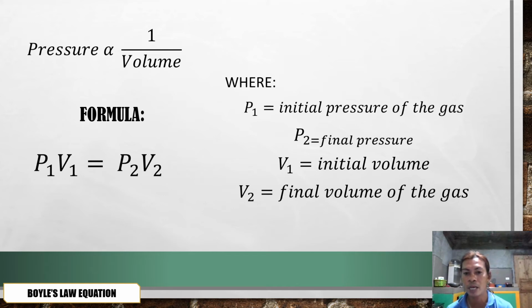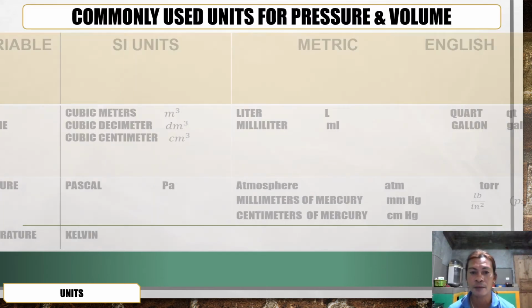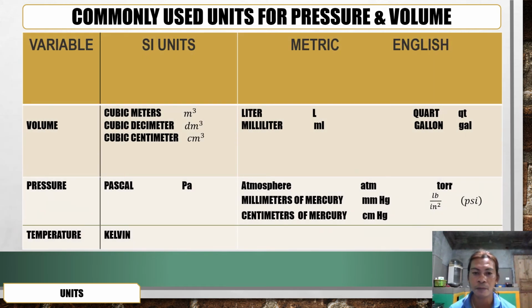So those are where we can identify the variables in the formula for Boyle's law. Okay, let's have the units used for pressure and volume. Those are the units that some problems use to present the volume and pressure.